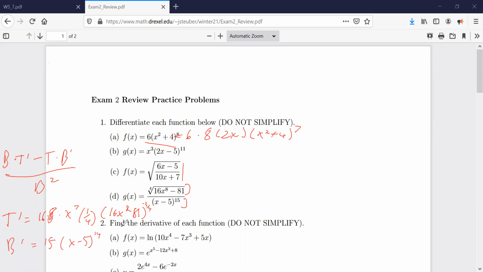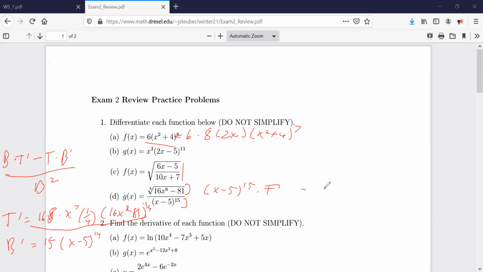So that all ties together to give us bottom times derivative of the top. So that's x minus 5 to the 15 times derivative of the top is this guy. I'm just going to put that as t prime to save time on rewriting, but I'll trust you guys to figure that out.